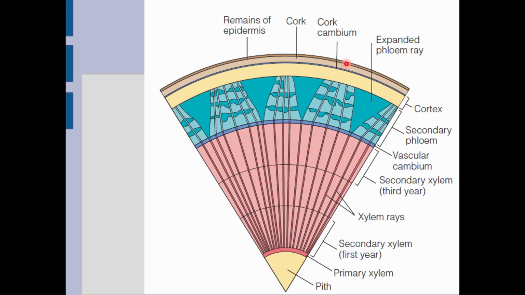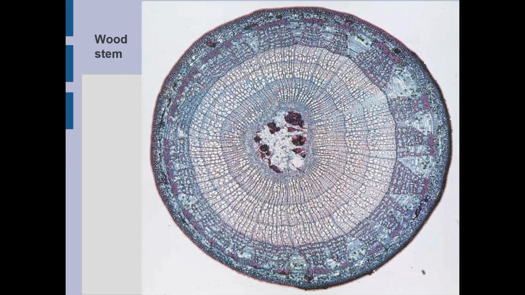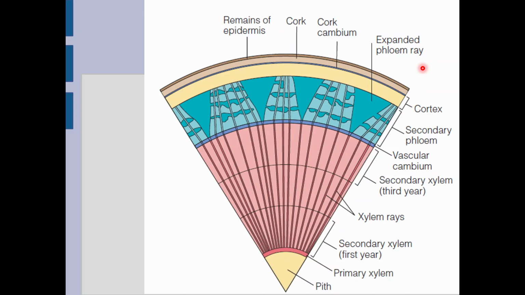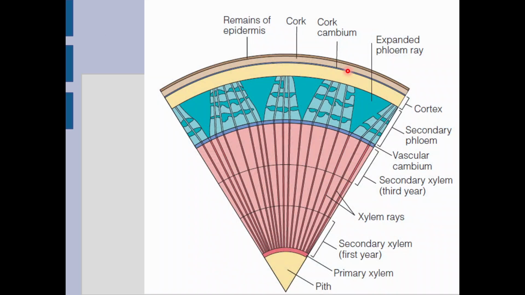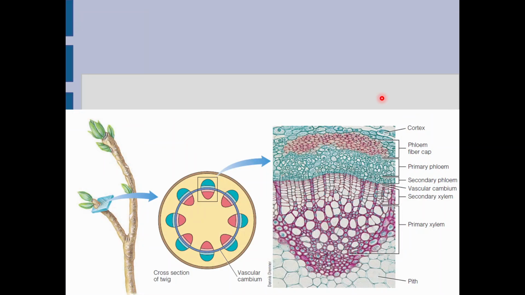So the cork cambium cannot be distinguished here because it's only one thin layer, and also the epidermis. There is no epidermis here because it's completely destroyed. So this is the structure of the woody stem.